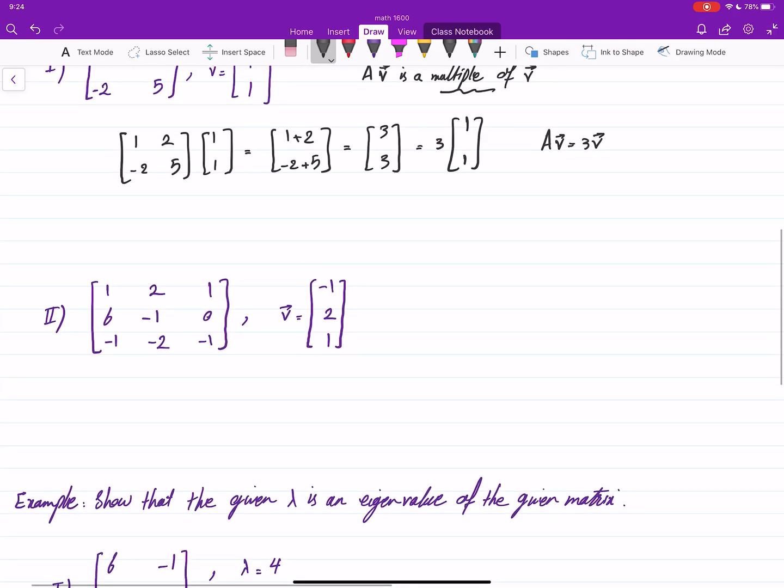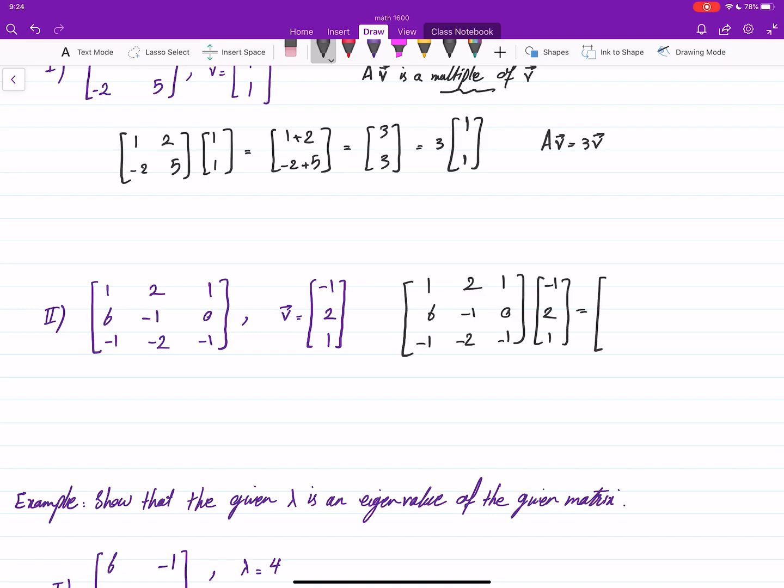How about this one? Again, you multiply the matrix 1, 2, 1, 6, negative 1, 0, negative 1, negative 2, negative 1 to the vector negative 1, 2, 1. What do we get? We get negative 1 plus 4 plus 1, negative 6 minus 2 plus 0, and then 1 minus 4 minus 1.